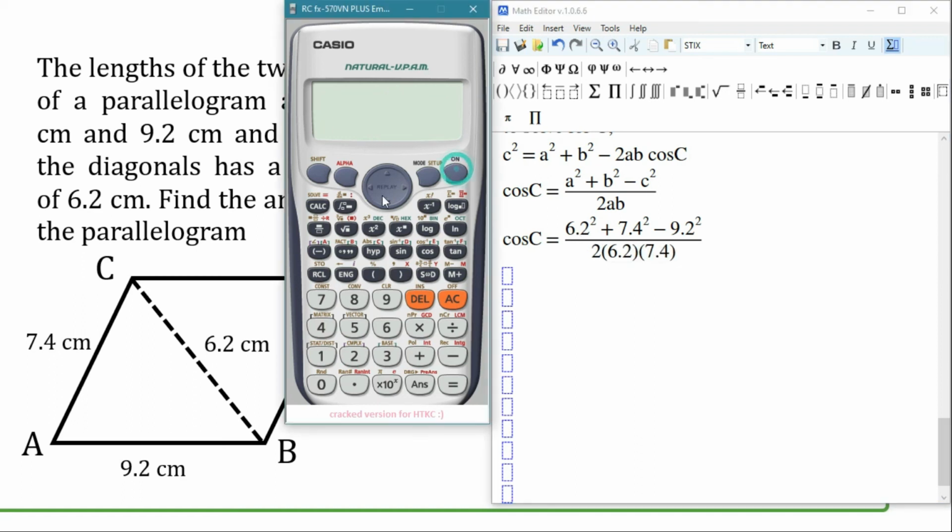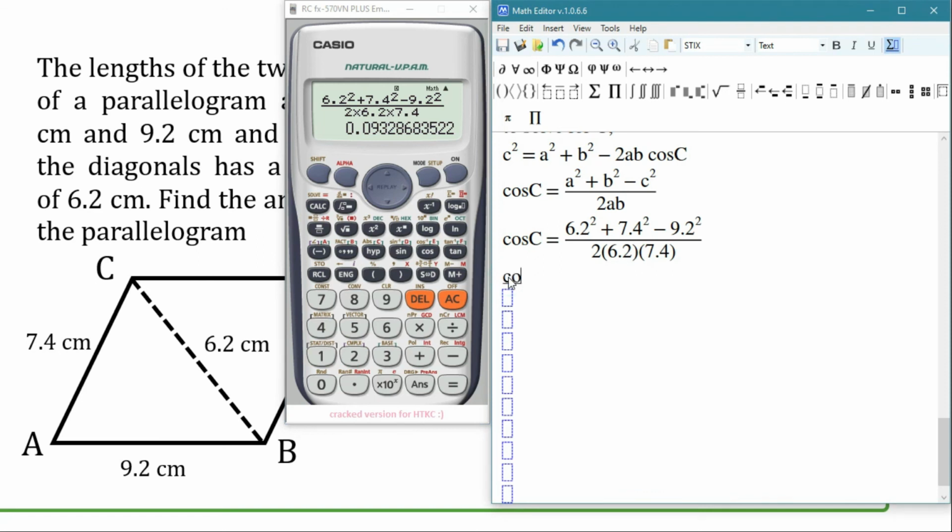Pwede naman natin idiretso na sa calculator since we have made the process dun sa dalawa nating kinuha kanina. So, 6.2 square plus 7.4 square minus 9.2 square over 2 times 6.2 times 7.4. Okay, make sure na tama yung in-enter natin sa calculator.